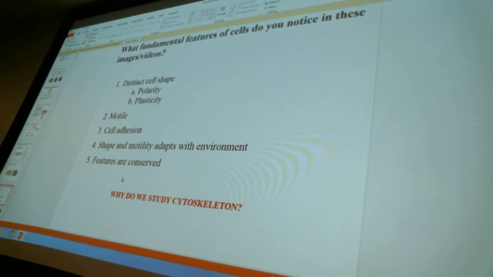So why do we study the cytoskeleton? It's basically an integral part of quite vital cellular events. Cell division, cell growth, cell survival absolutely depend on the cytoskeleton, and mutations are often presented through various debilitating diseases or even embryonic lethal mutations.